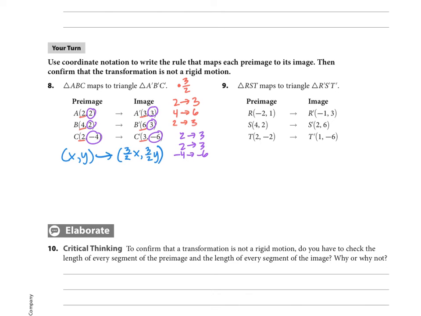Now, let's just look at a pair of sides. So AB and A prime B prime, they're not going to have the same side length measure. So A to B means we're going to subtract the x's for A and B. So I'm doing 2 minus 4, and then 2 minus 2 here.